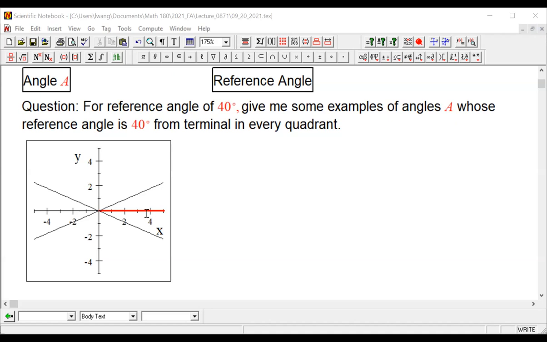You measure from the standard position negative 180 and add a negative 40, you get a negative 220. That's wonderful. Quadrant 3, you measured counterclockwise, get 220. Wonderful. Quadrant 4, negative 40. Any angle that terminates in the first quadrant would be its own reference angle. That's a wonderful summary.